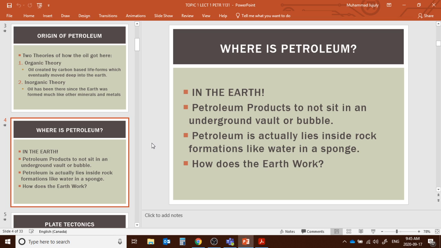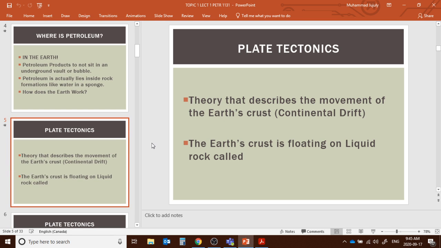Now, how does the earth actually work? Let's learn about the earth's geology first, and then we can have a broader picture of how this works. The earth has plates underneath the land area.